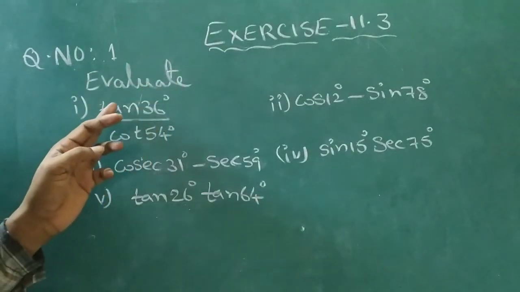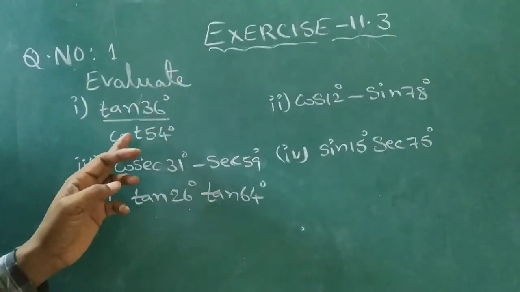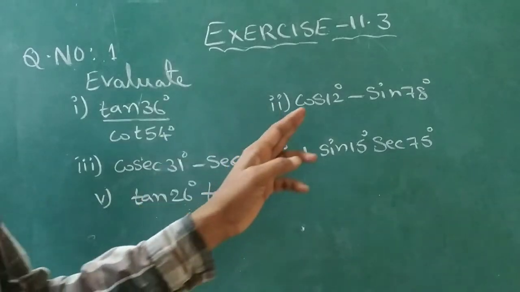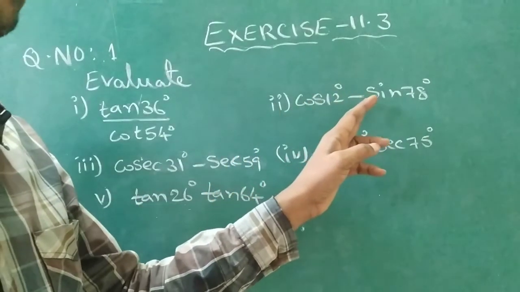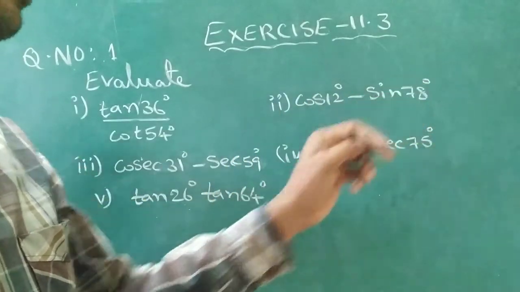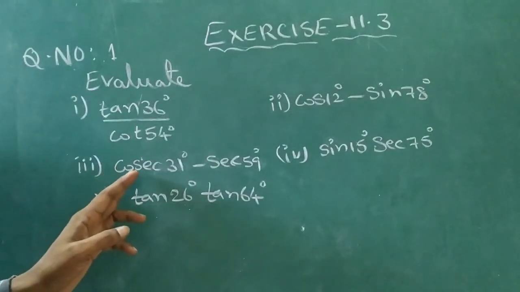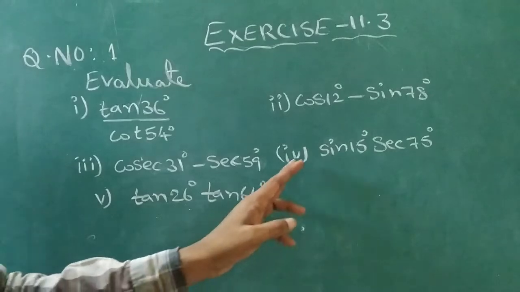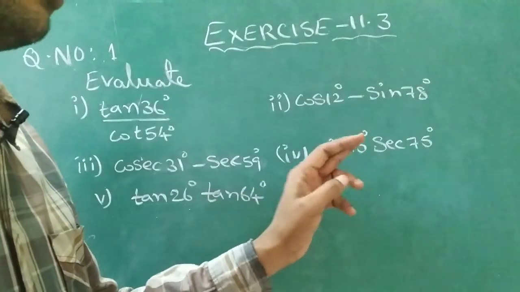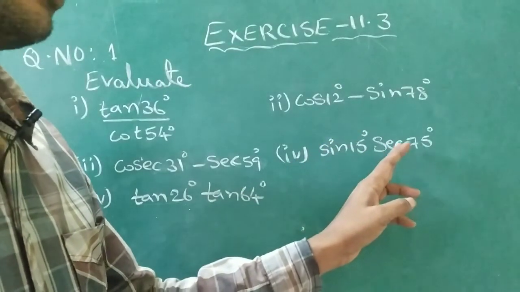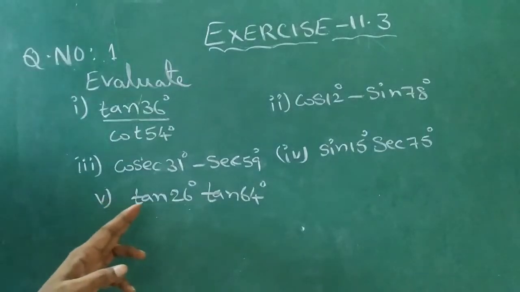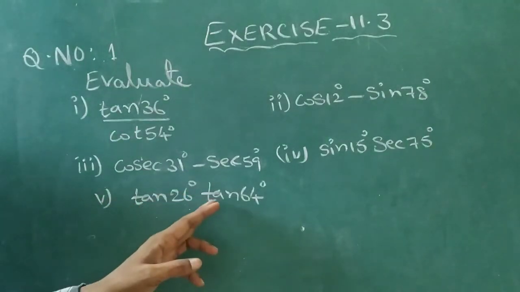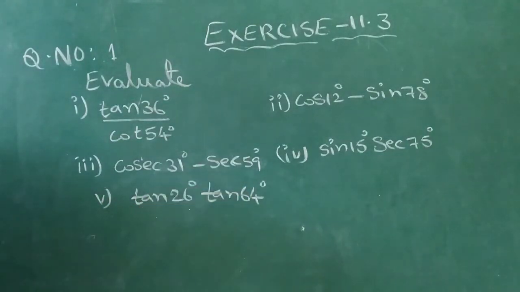First one, tan 36 degrees by cot 54 degrees. Second one, cos 12 degrees minus sin 78 degrees. Third one, cosec 31 degrees minus sec 59 degrees. Fourth one, sin 15 degrees into sec 75 degrees. Fifth one, tan 26 degrees into tan 64 degrees. So these all we need to evaluate. We need to find the values.